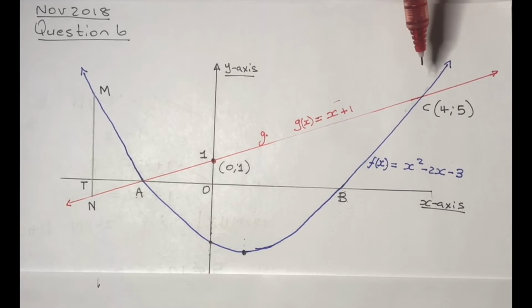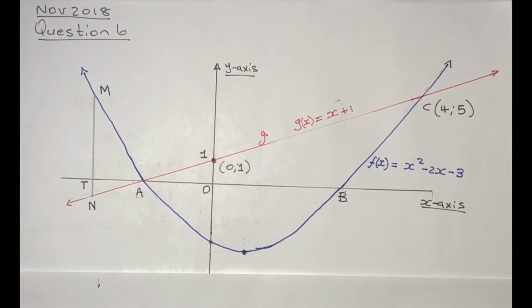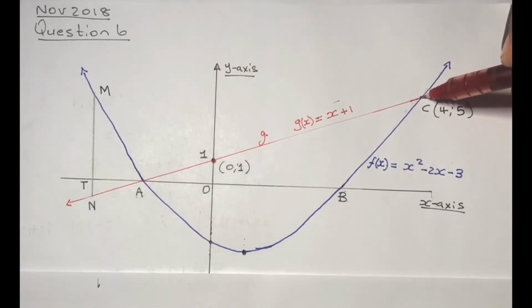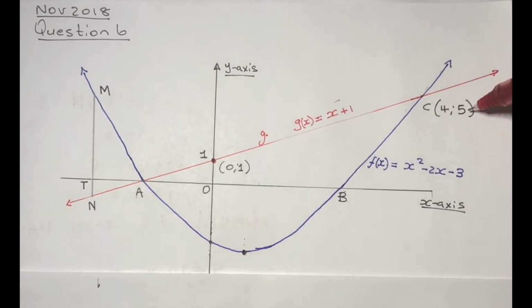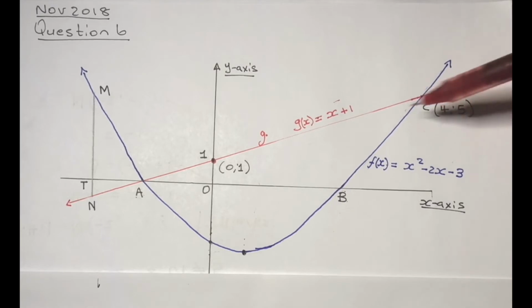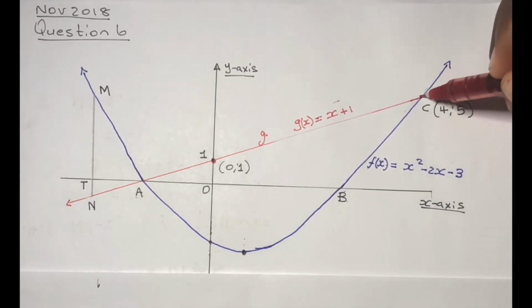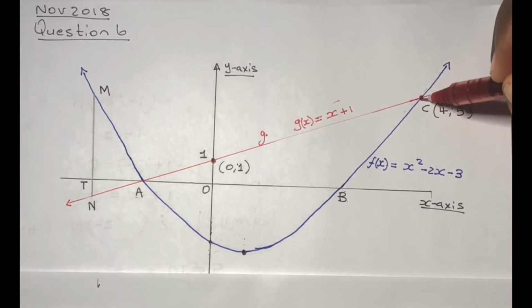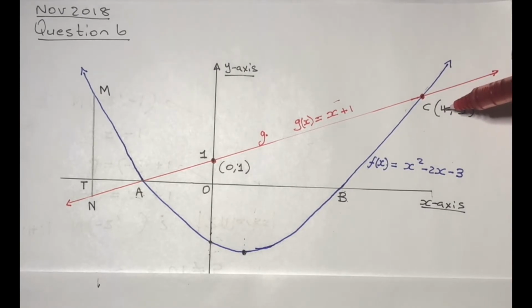The other thing that you need to notice is this point C, where it lies on both a parabola and a straight line. So this point C, where x is 4 and y is 5.